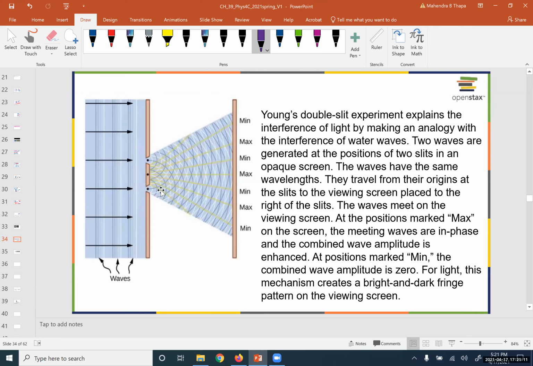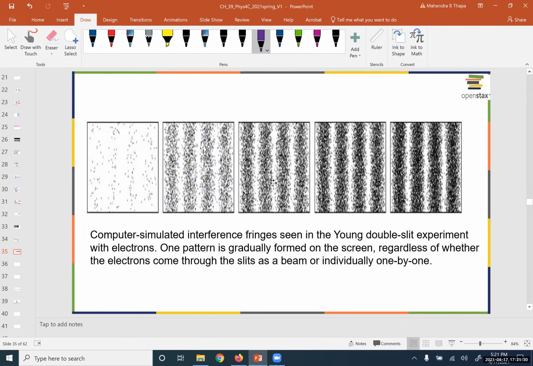So this is just a comparison. For example, in the Young's double slit experiment, we find a central maximum, then minimum and maximum. The same thing we can observe in the computer simulated interference of electrons.